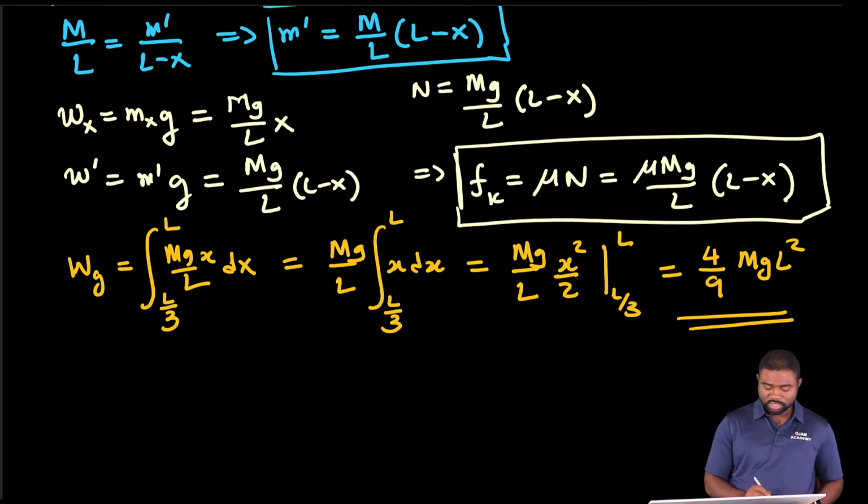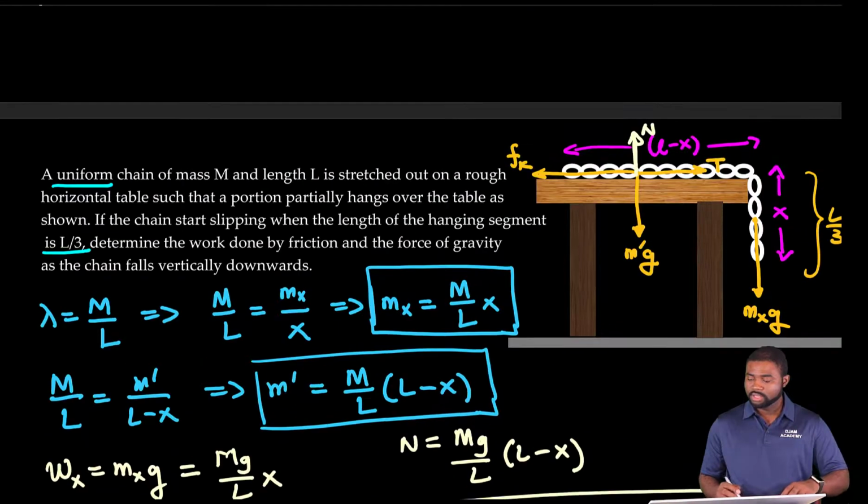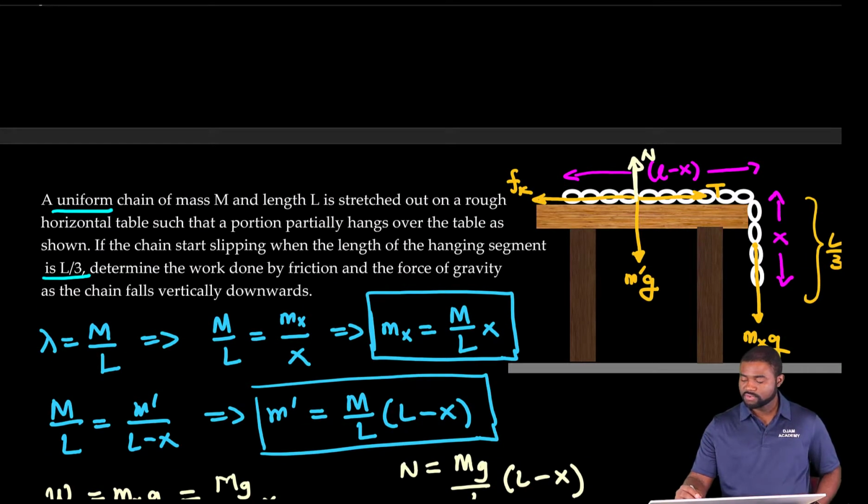So let's calculate the total work done by friction. So W will be equal to the integral. We're integrating from, remember, that the total length of the chain on the tabletop is going to be 2L over 3.